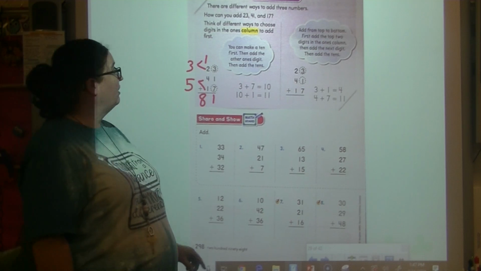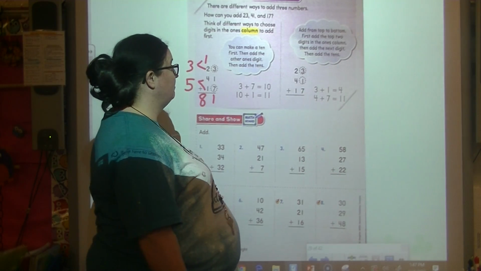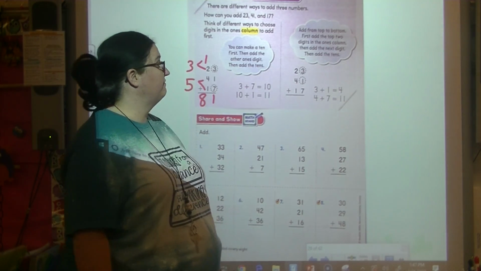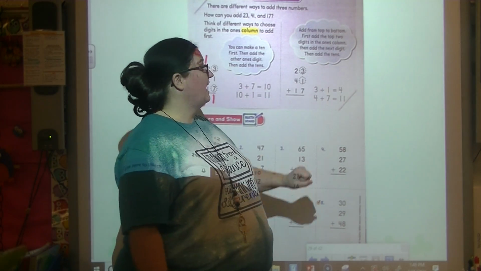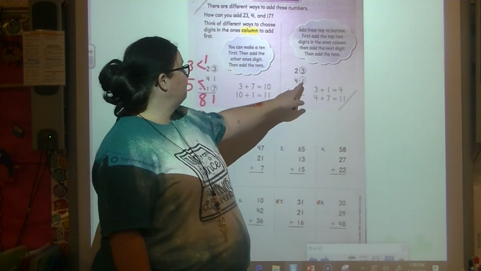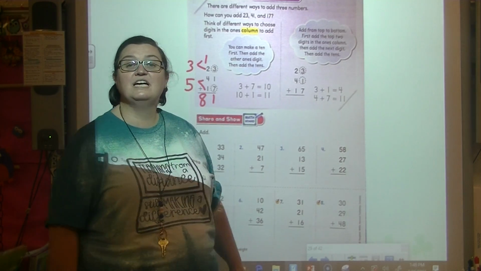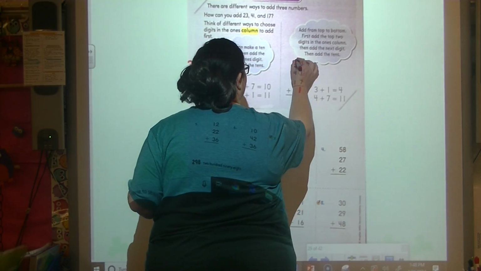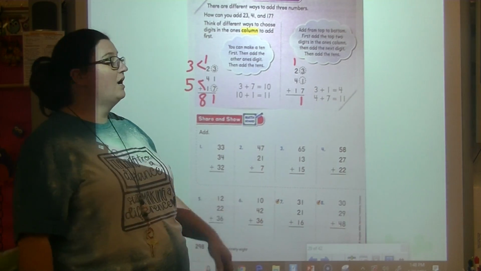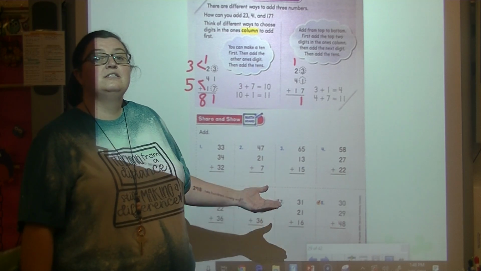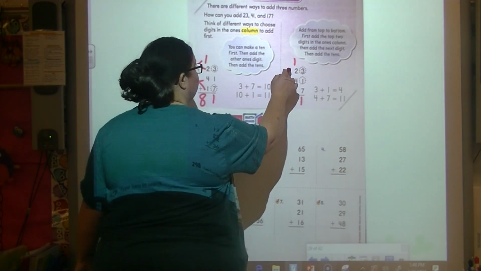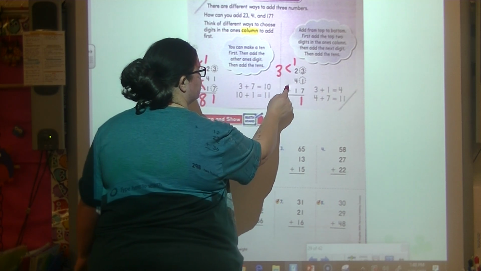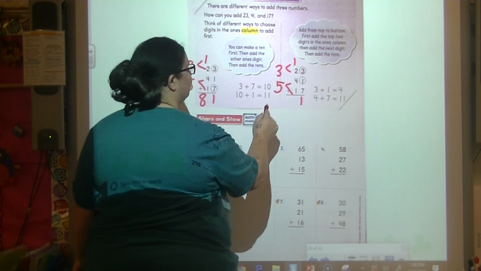All right, now on this side it's the same exact problem, but they added 3 plus 1 first and got 4. And then 4 plus 7, you still get 11. Now, it's the same process in the tens column. 1 plus 2 gives you 3. 4 plus 1 gives you 5.